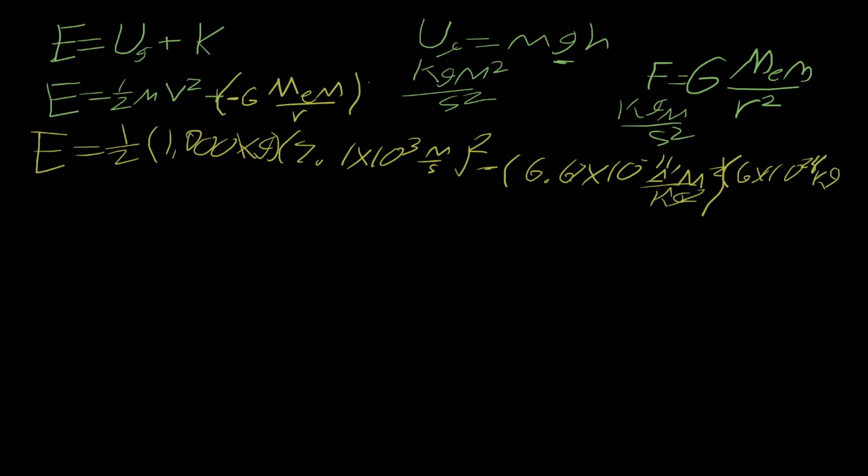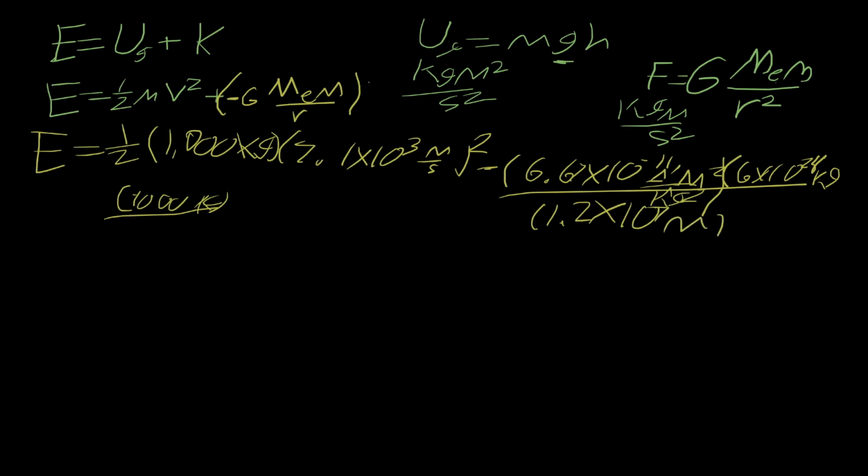Then we multiply it again by the mass of the satellite, which is 1,000 kilograms as before, and divide this by the radius between them, which at point A is 1.2 times 10 to the 7 power meters. We're going to notice that these units get down to a measurement of newtons, which is what we're looking for.